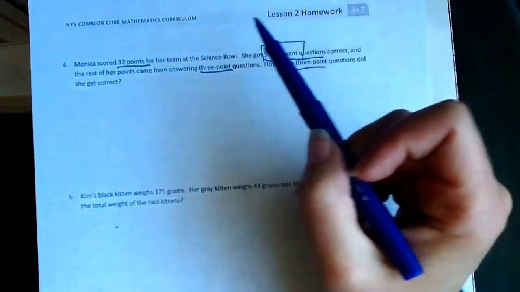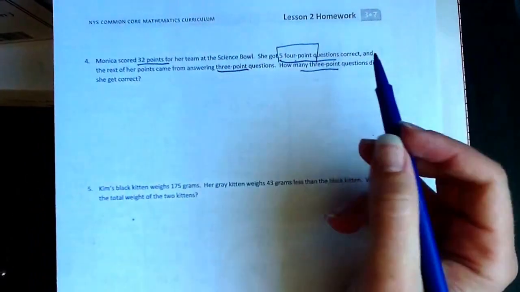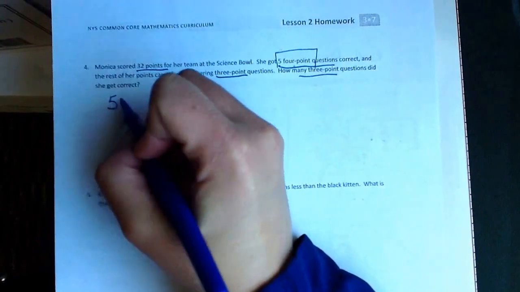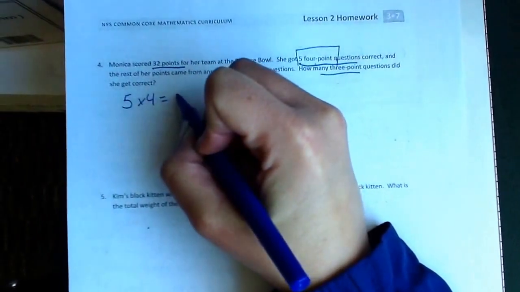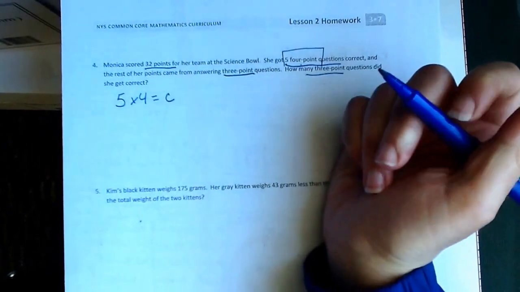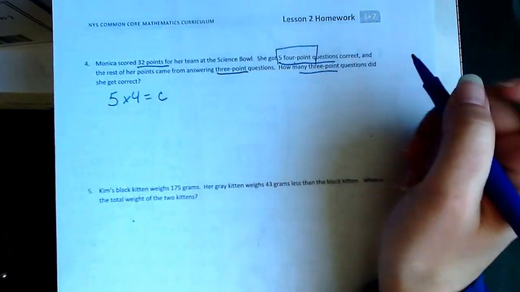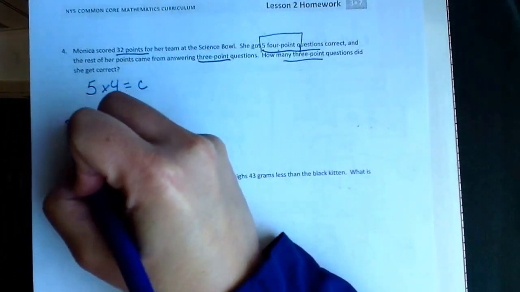So let's see here first. She got 5 4-point questions correct, so I wonder how many points that equals. So she had 5 groups of 4 that she got correct, right? We'll put a C for correct. And then the rest were 3-point questions. So if we come here, let's think about our number bond.